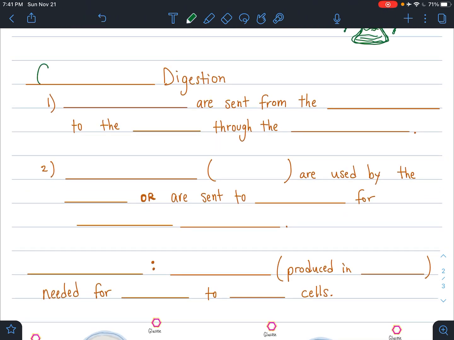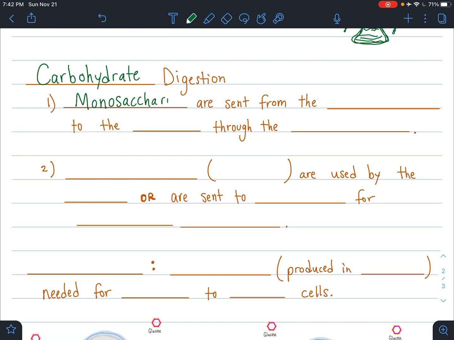So let's identify two parts of carbohydrate digestion. Two important things that are critical for us to know as we follow the path of carbohydrates after they've been eaten. So when we look at carbohydrate digestion, we're going to start with monosaccharides.